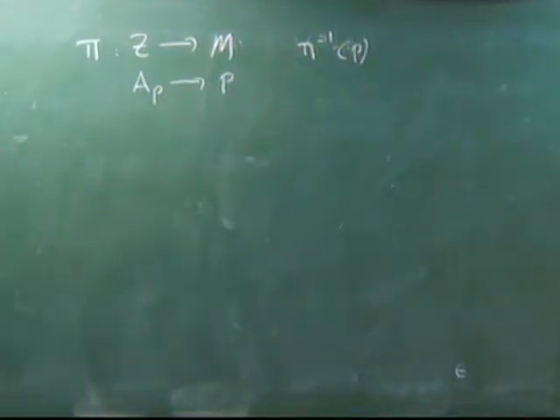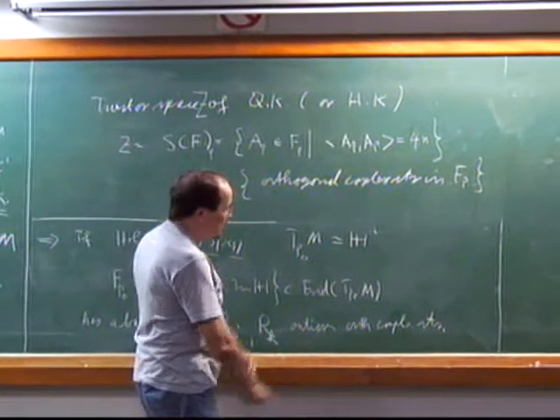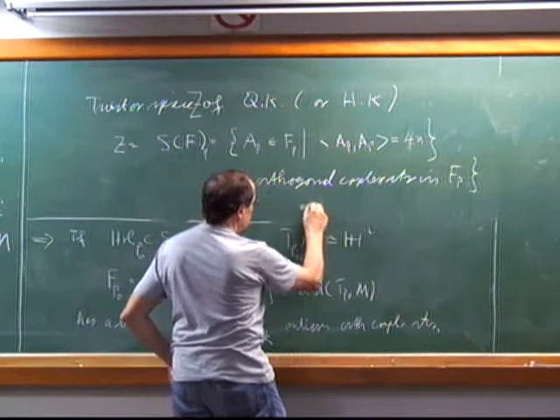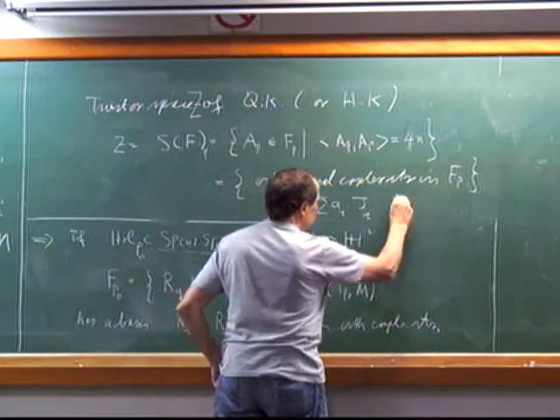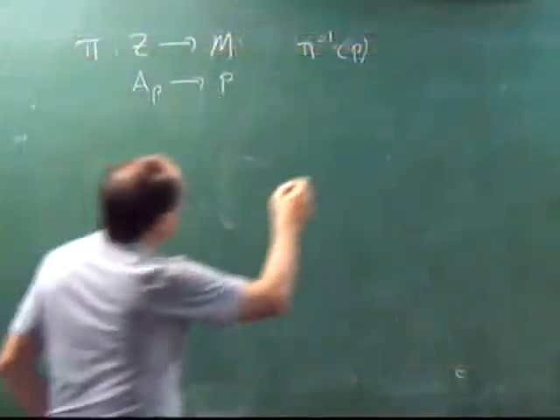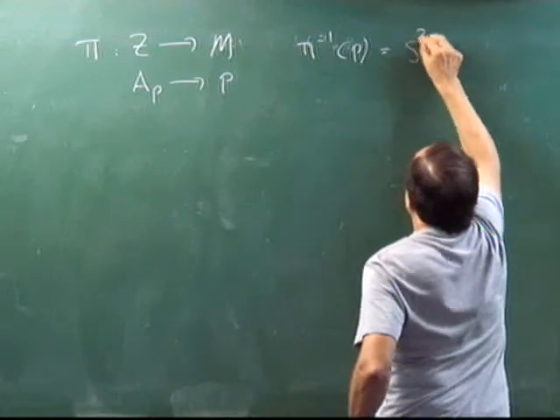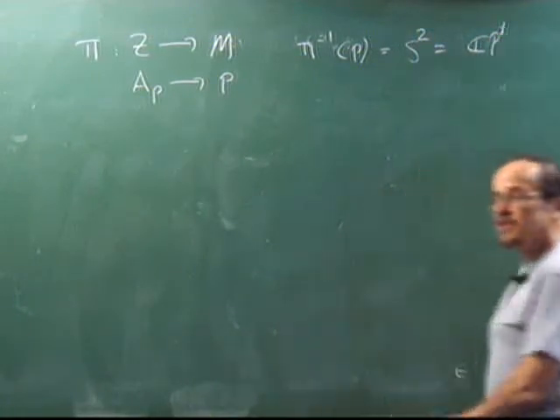So that's the fiber here, a set of orthogonal complex structures. And this was summation a_i J_i for some basis, summation a squared is equal to 1. So it's a two-sphere. And S2 is CP1. So it certainly has a natural complex structure.